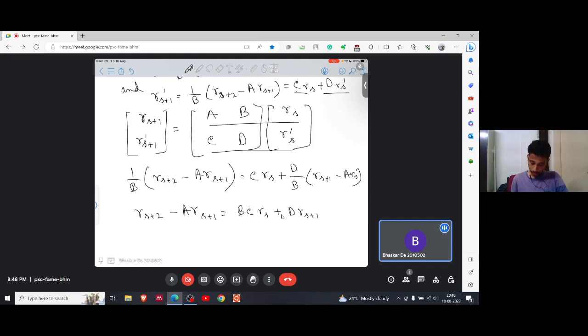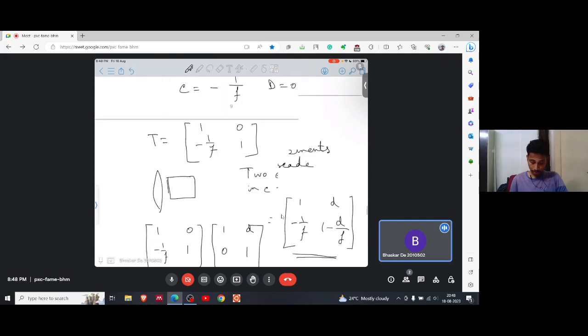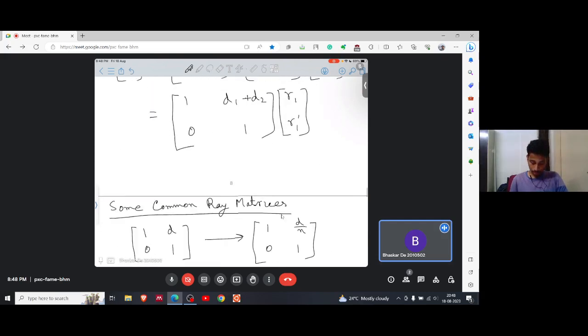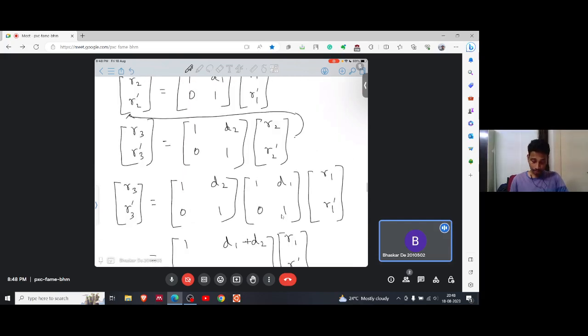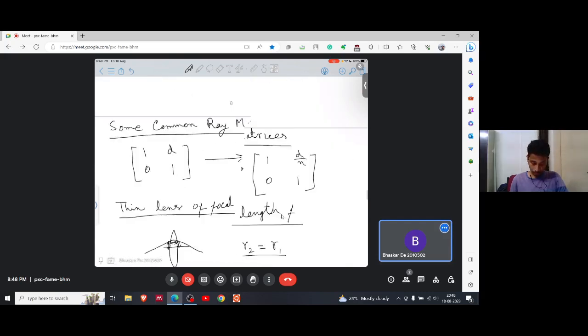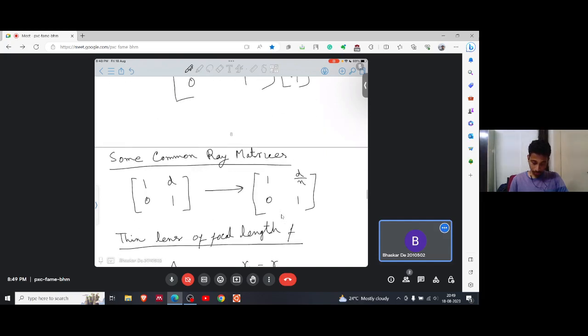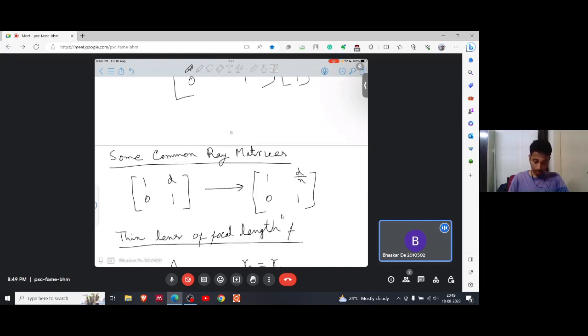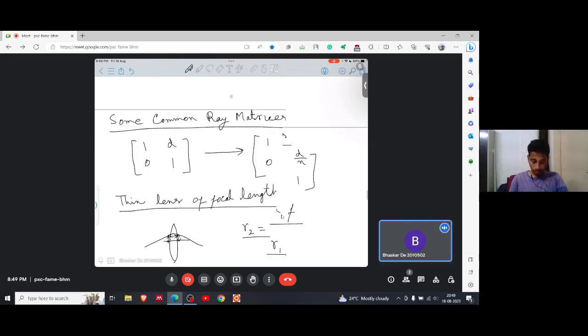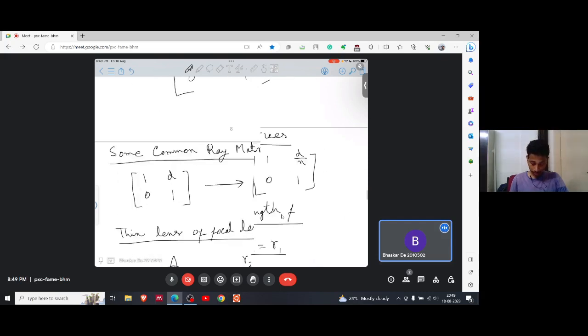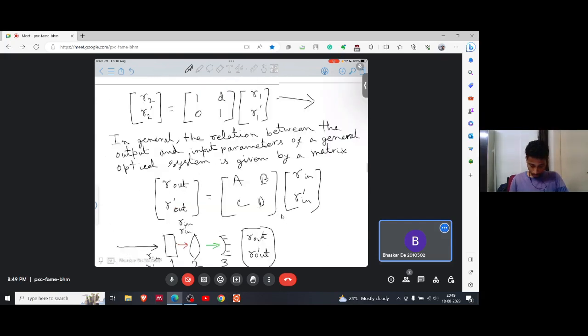There is an important property of these matrices: when you take the determinant of the ABCD matrix, for the propagation matrix A equals 1, B equals d, C equals 0, and D equals 1.